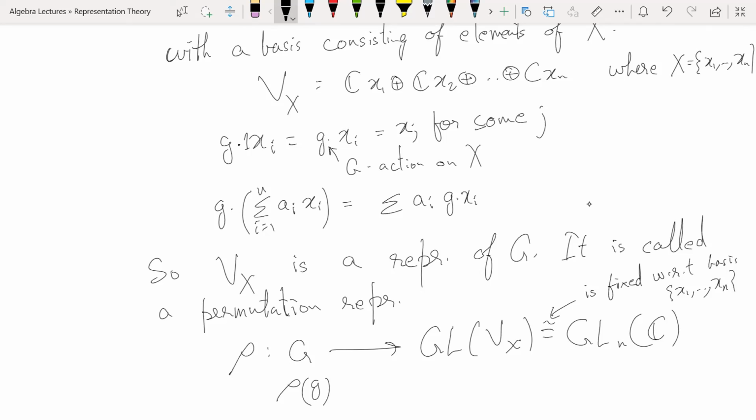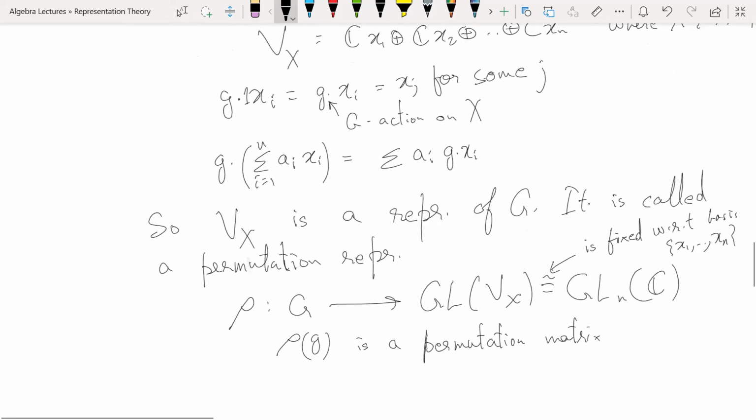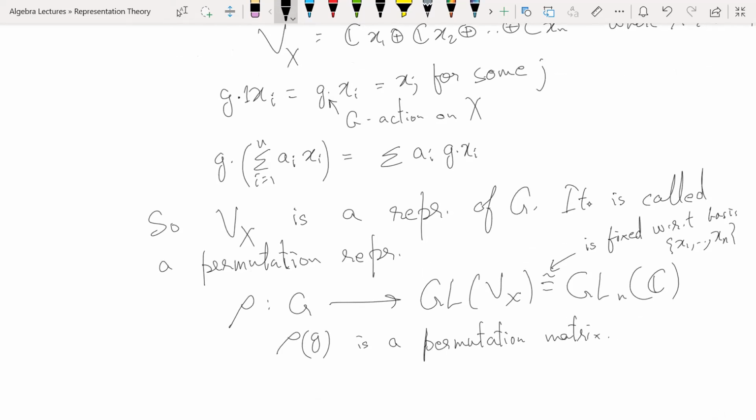Rho g will be a permutation matrix, since g dot xi gives you some xj. You know what a permutation matrix is, yes? Each column and each row has exactly one 1 and the rest are zeros, and it induces a permutation on the basis. That's the reason it's called a permutation matrix.